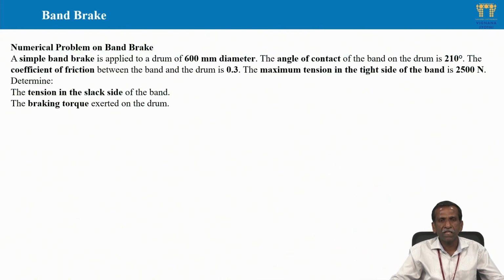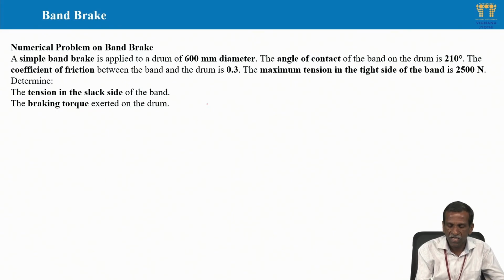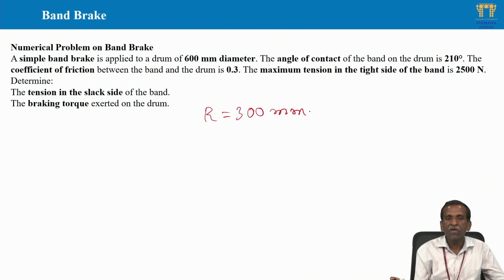A simple band brake is applied here. Let me read and write the given numerical values. A drum of diameter 600 mm, so R, the radius of the drum, is 300 mm, or 0.3 meters. The angle of contact of the band on the drum is 210 degrees, so theta is 210 degrees.